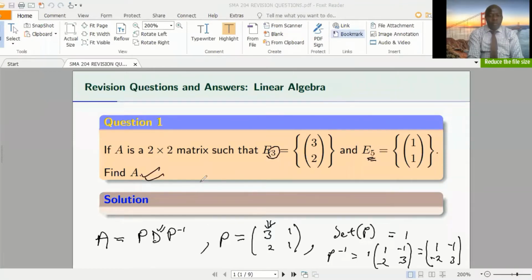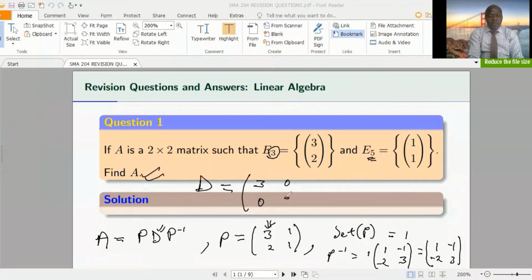So that means D, and we are following this order, the first eigenvector here, its corresponding eigenvalue was 3. So 3 comes first. Then the second eigenvector here in P, its corresponding eigenvalue was 5.